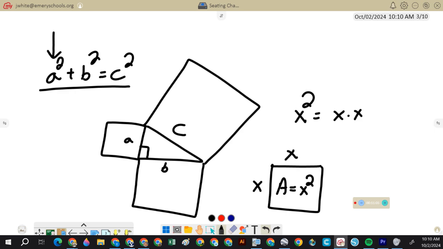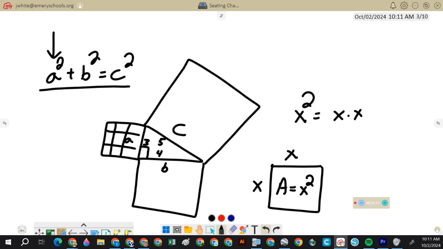Okay? Now, let's throw some numbers in there just for fun. So let's put a 3 here, and a 4 here, and a 5 here. How do we explain the Pythagorean theorem using areas? Well, 3 squared is 9, which means A has 9 squares whose side lengths are 1 by 1.